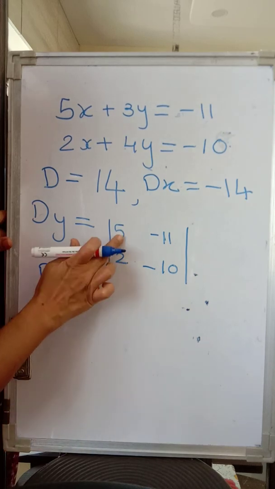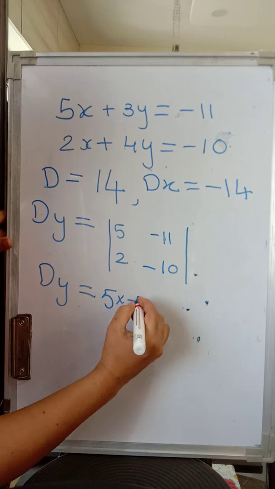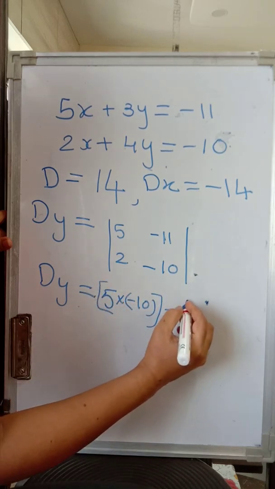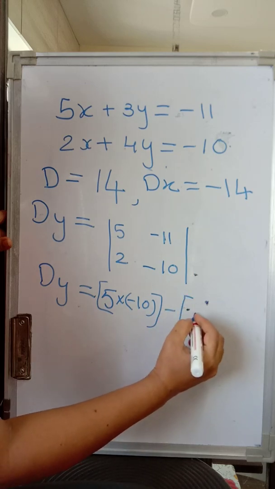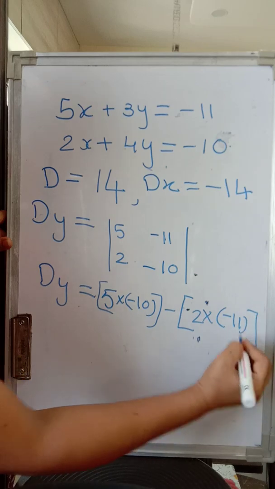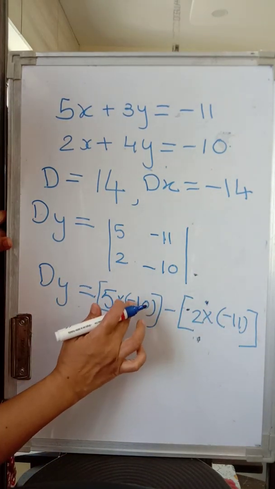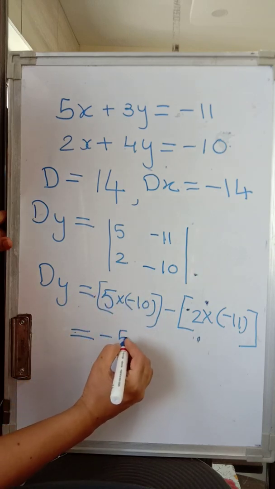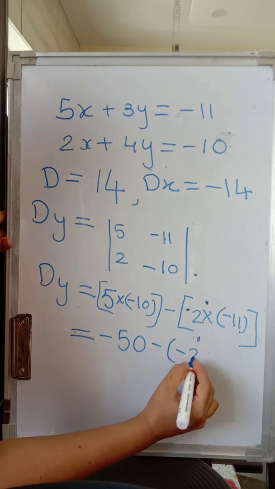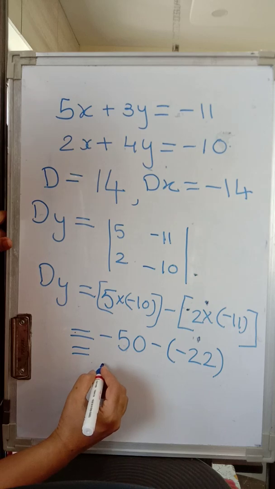Now let us find dy. How to find dy? 5 into minus 10. From this we are going to subtract 2 into minus 11. So what did we get? 5 tens are 50, so minus 50, and minus into minus, so minus 50 plus 22, since 11 twos are 22. Just open the bracket and see what you got.